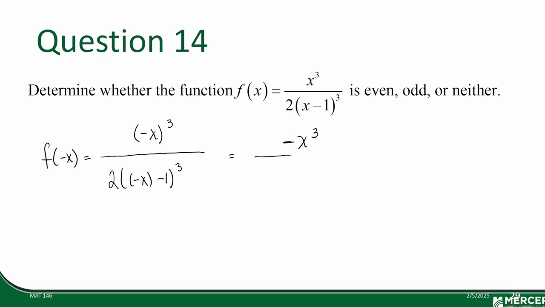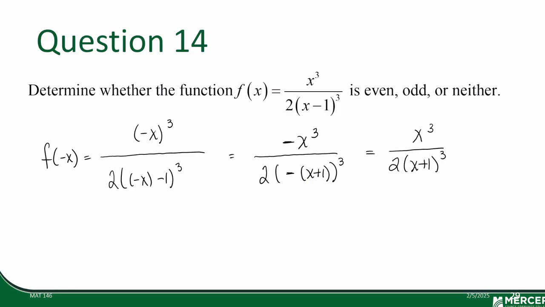Negative x cubed in the numerator, divided by 2 times... I can factor out a negative and write that as x plus 1, right? I can continue to simplify. Negative 1 cubed, negative. Negative over negative is positive. That is what we would get.